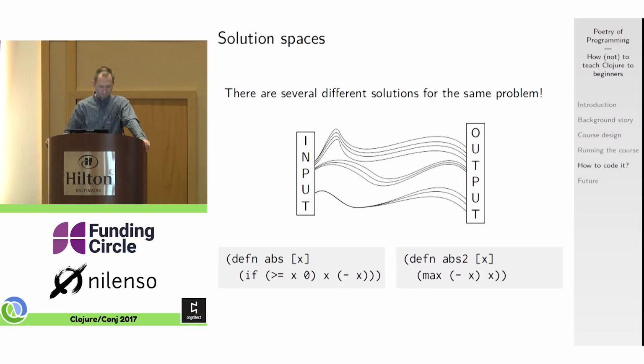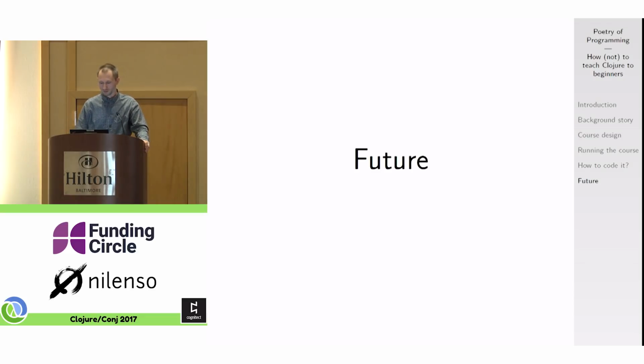And this was actually a solution for the absolute value problem. And I was glad to see two different solutions. Of course, if you think about it, these two solutions are not different because they do exactly the same thing. Of course, it depends how you define being a different solution.